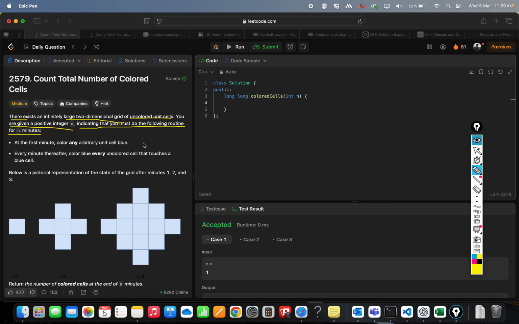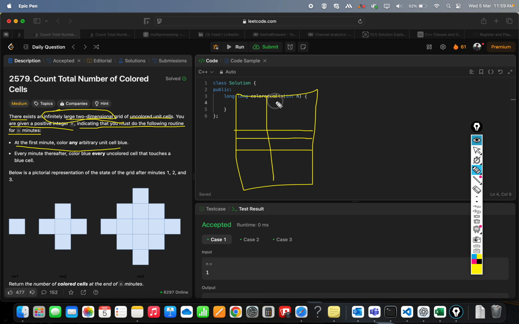First of all, there is an infinitely large two-dimensional grid, right? In the first minute, we can color any unit cell blue. Let's say we have an infinitely large sheet in which there is a grid, and in the first attempt we can color any of the cells.